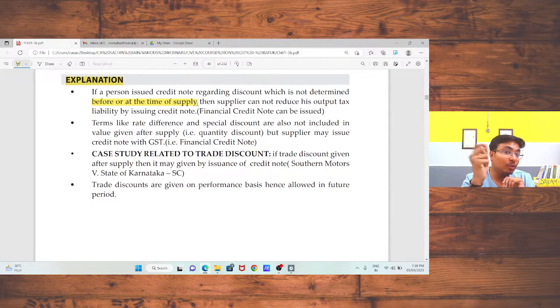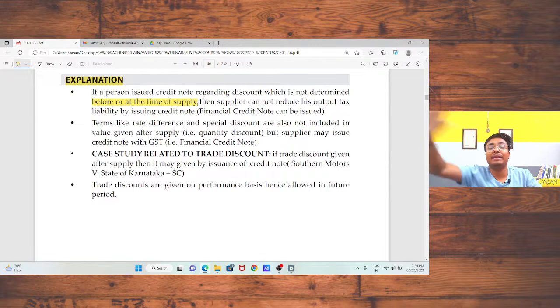No terms were decided at the time of supply. Hence, for that 2,000 rupees, because I had already paid the tax on 20,000 rupees, because I had issued the invoice of 20,000 rupees, I am not eligible to take the benefit of GST on those 2,000 rupees which I did not receive from my recipient, because that discount is treated as a financial discount. You may issue the credit note, but there is no effect on GST.